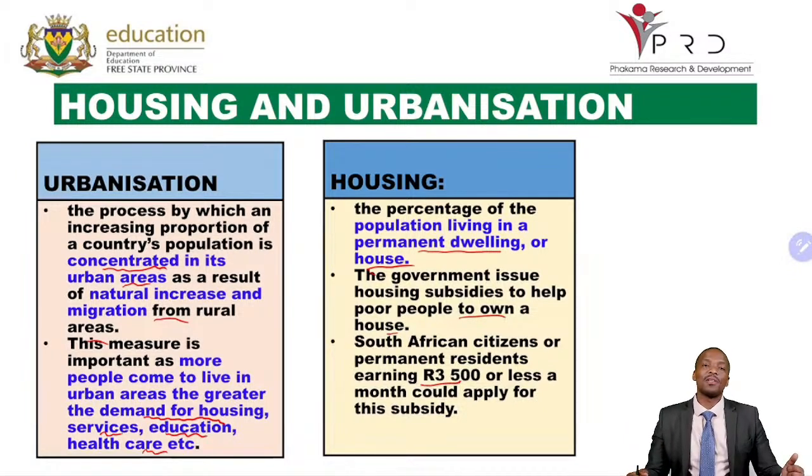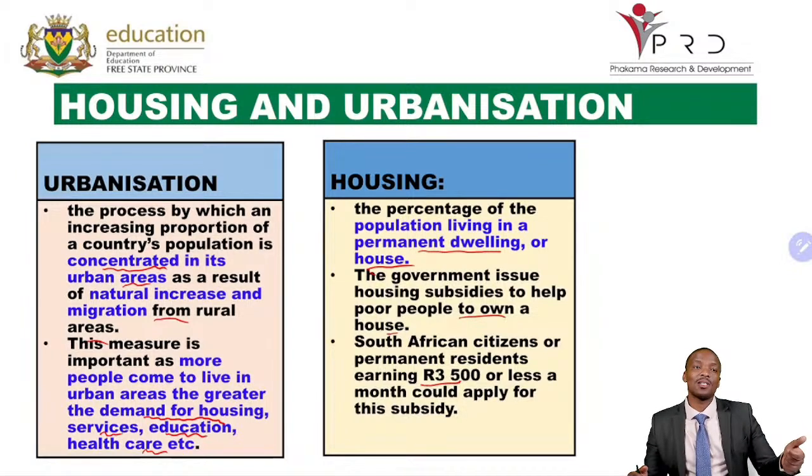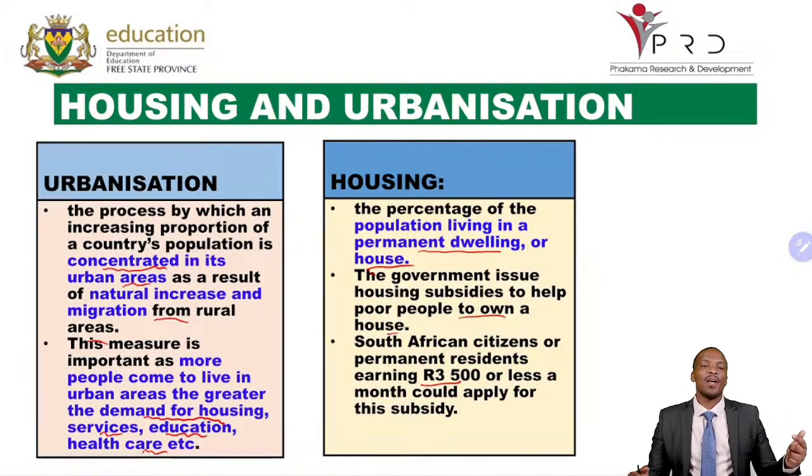They've tried because they've given people RDP houses. In those RDP houses, there's water supply, sanitation, electricity, and also refuse removal. So this can be evaluated. And what are we doing here? We are trying to avoid the issue of urbanization.